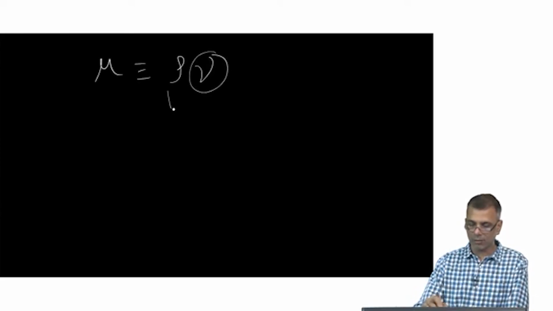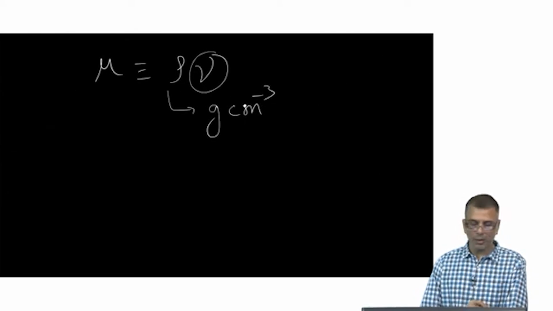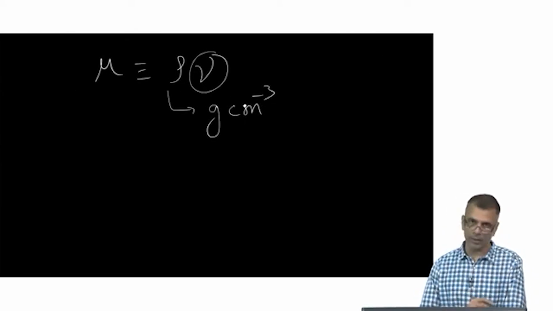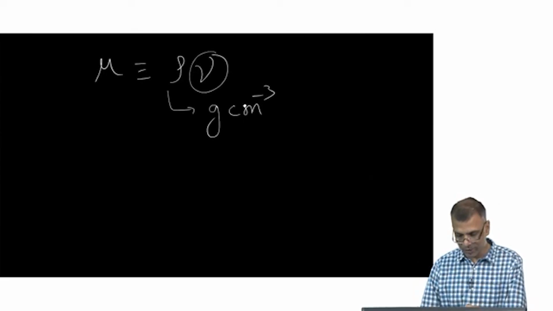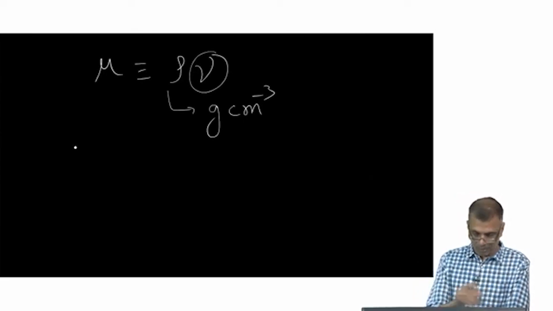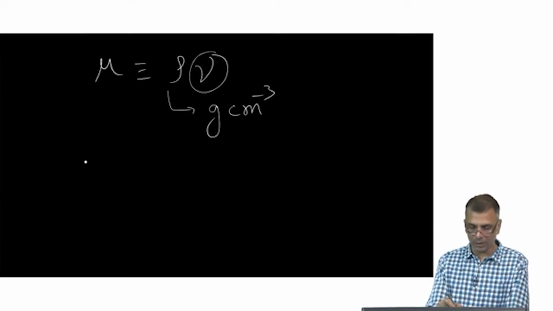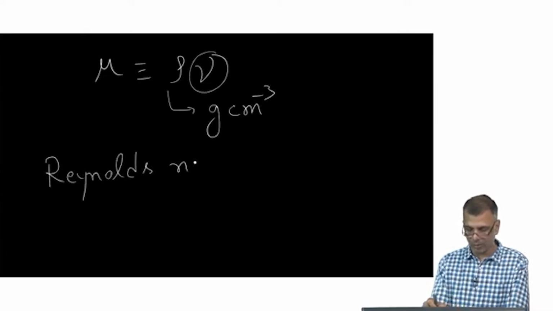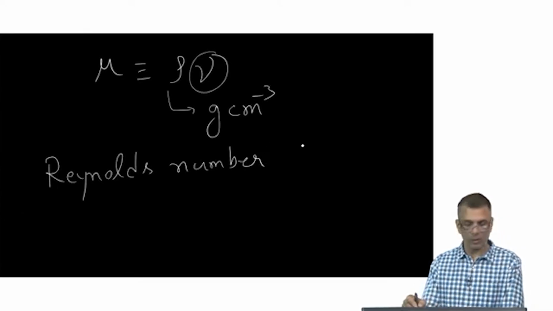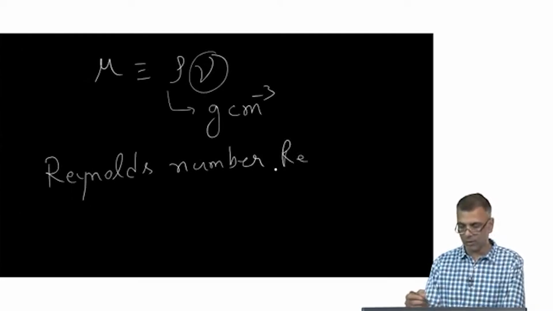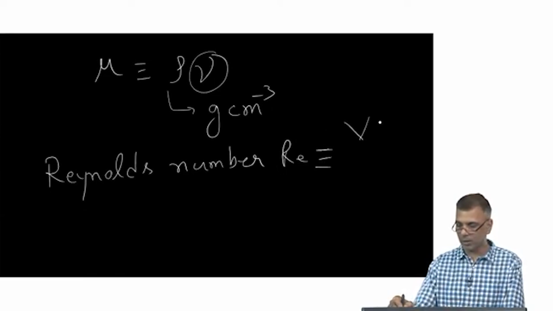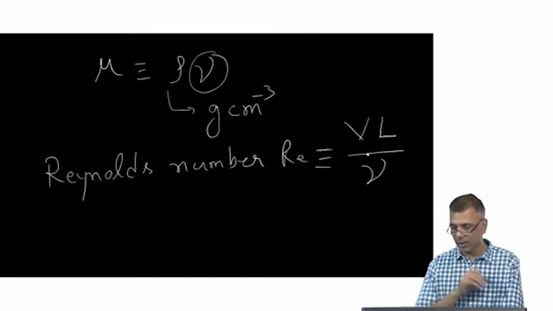One way to easily see this: towards the end of our discussion we said that the Reynolds number, often given the symbol Re, is defined by a characteristic velocity times a characteristic length divided by nu.